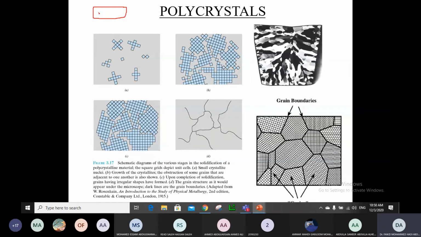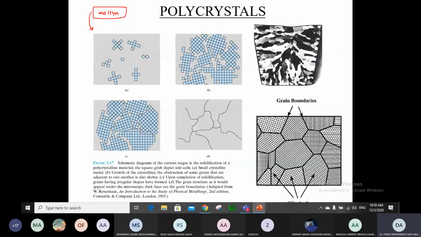Molten means melted. So this molten material, if in casting, for example, we cool this down, what is going to happen?